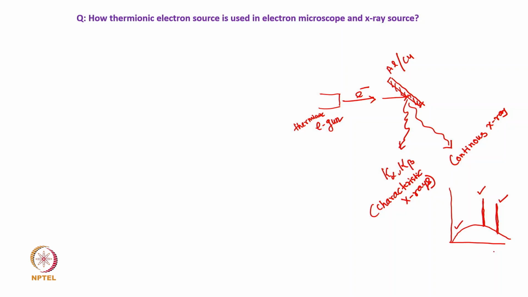I can write the energy of the X-ray photon here. So, this is our typical X-ray source which we use in the laboratory. But what is the importance of the thermionic process there? Because the starting point is the electron gun, which is thermionic in nature in most cases, for production of X-rays.